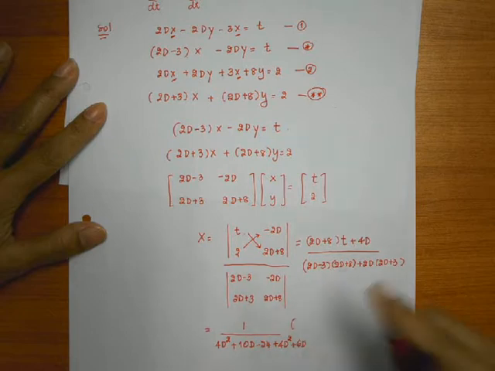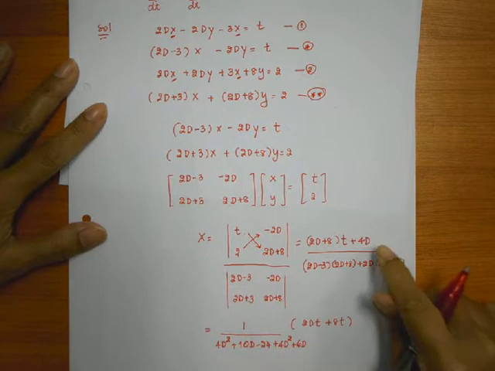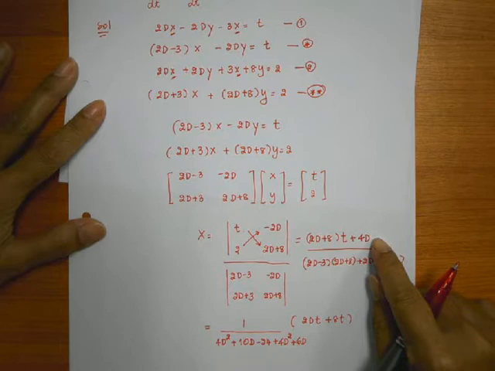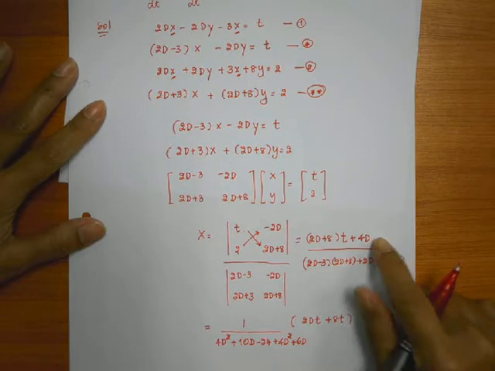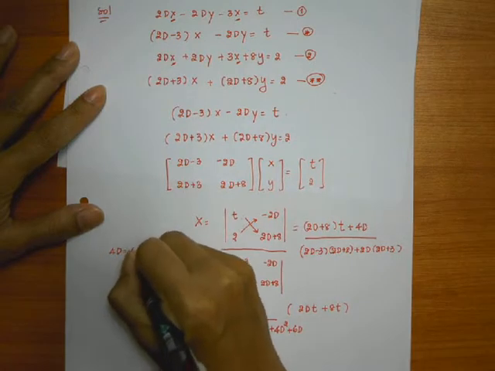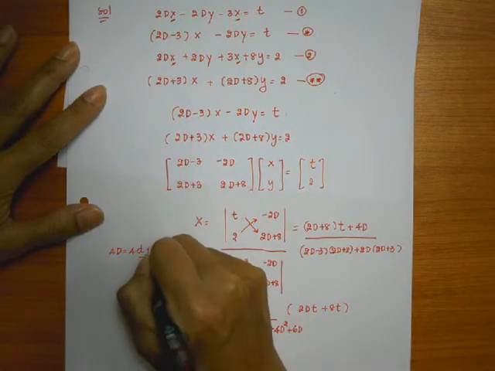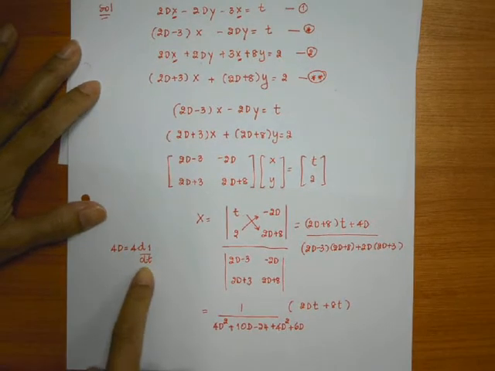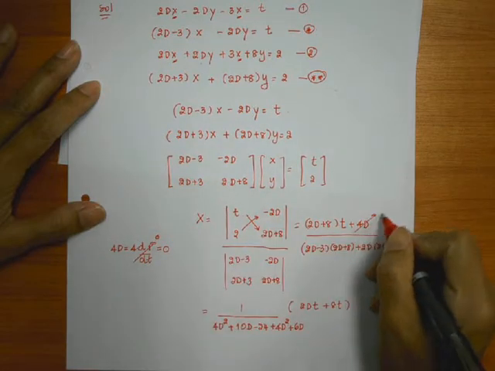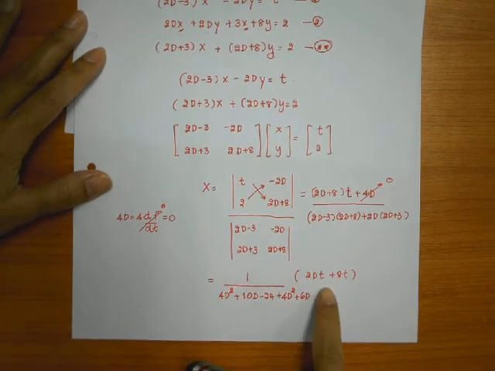And on the top we would get 2Dt plus 8t plus 4D. 4D means 4 times D, differentiate the first derivative of 1 by dt, which is equal to 0. This 4D means 4 times d1 by dt. d1 by dt is equal to 0. So this term is equal to 0. So on the top we would have only this.